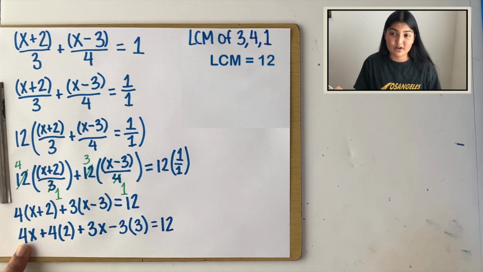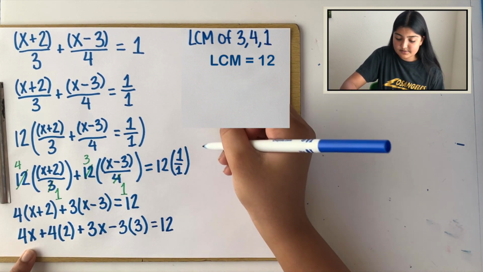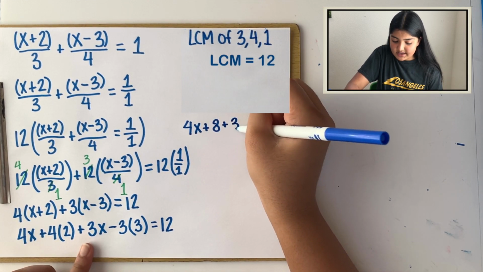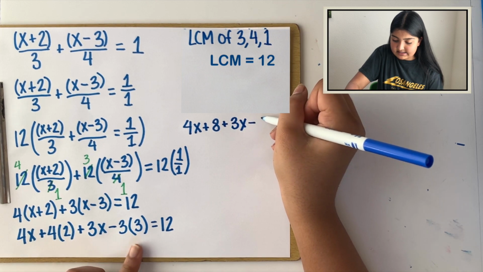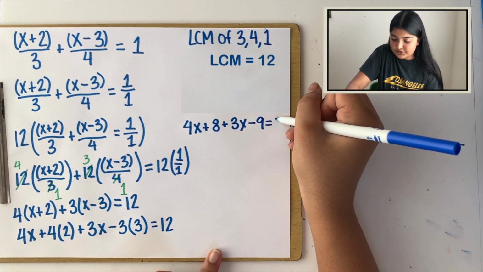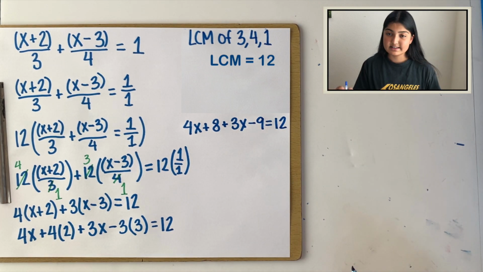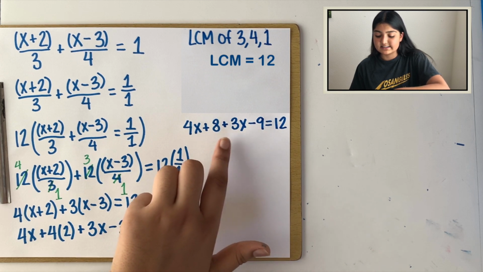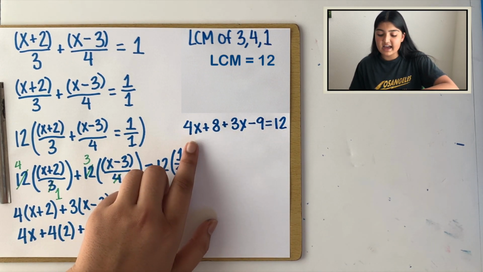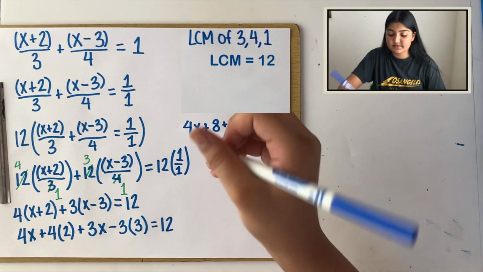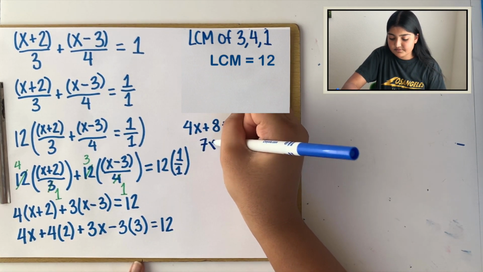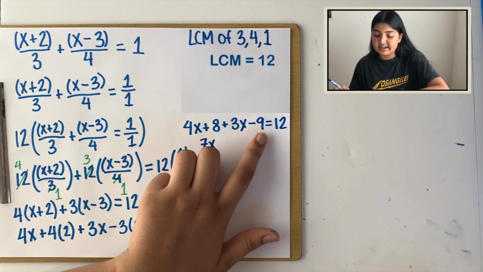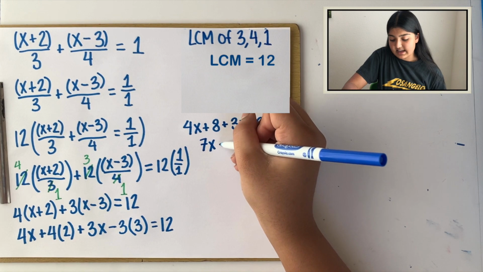Next, we can write 4x plus 8 plus 3x minus 9 is equal to 12. Now, let's bring the variables together and the constants together. So 4x plus 3x is 7x. And positive 8 minus 9 is negative 1.